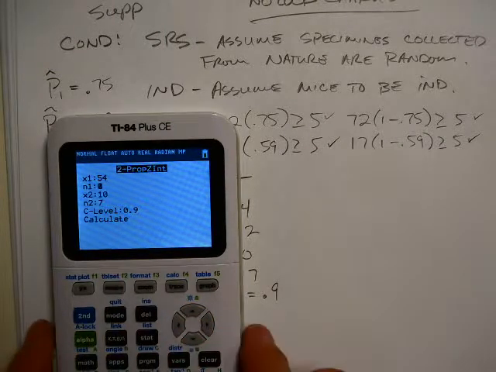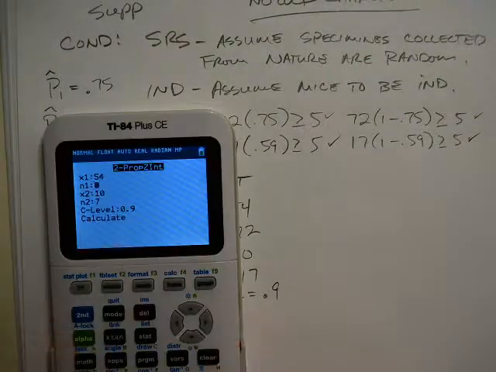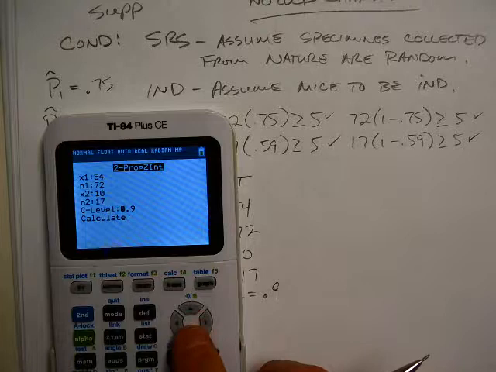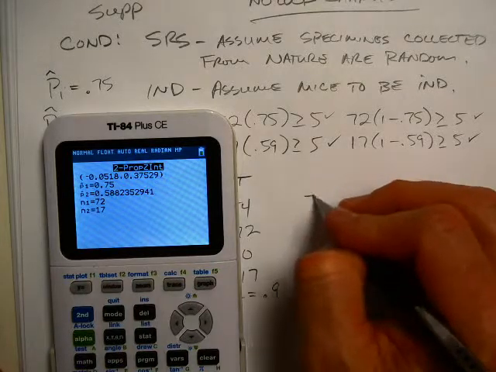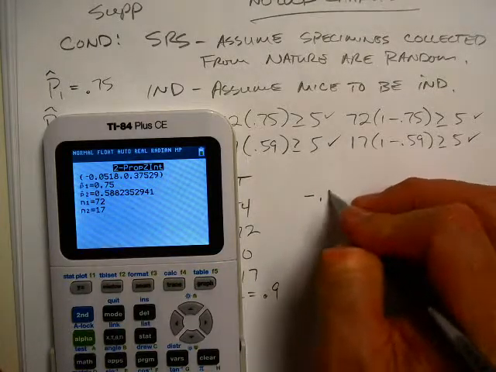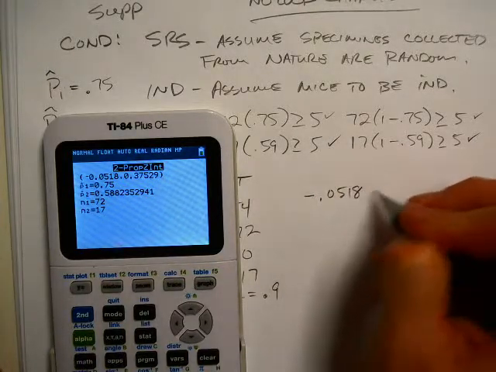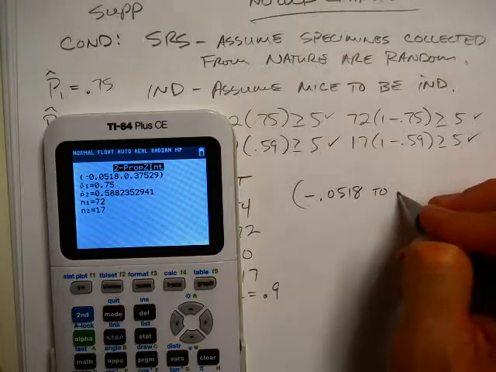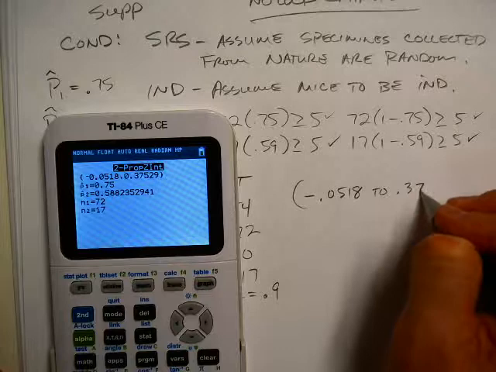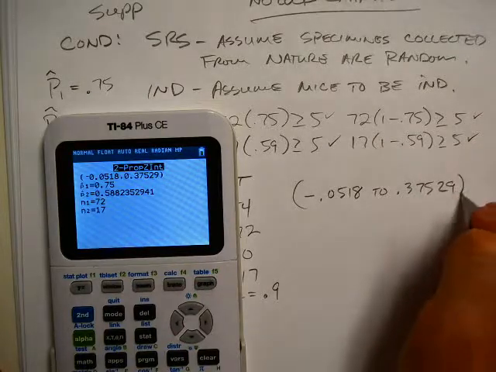Oh, where did my numbers go? Thought I put those in. There we go. So what we get is negative 0.0518 to 0.37529.